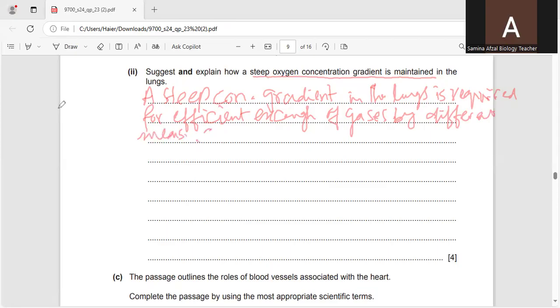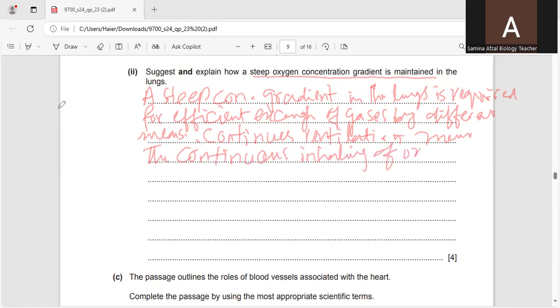First of all, I would like to say the continuous ventilation means the continuous inhale of oxygen and exhaling of the carbon dioxide.